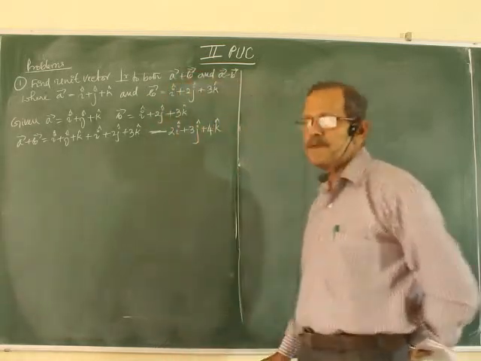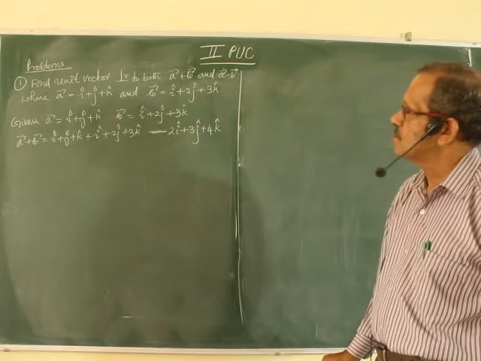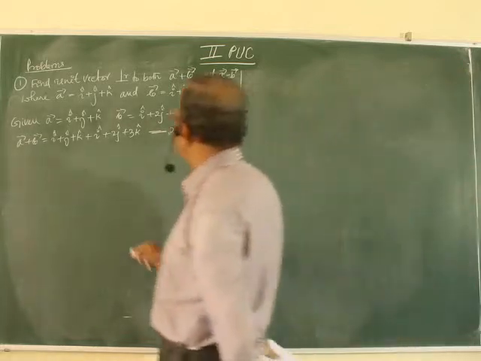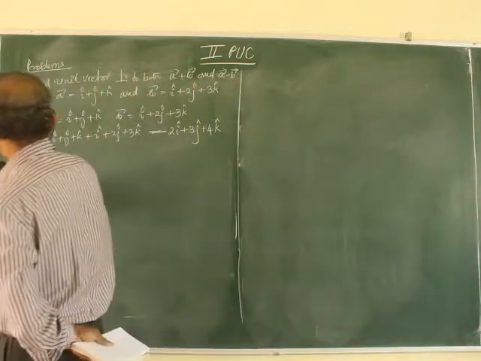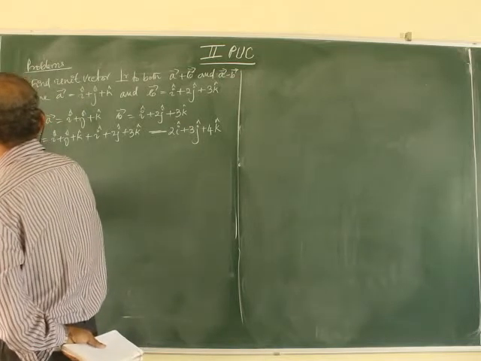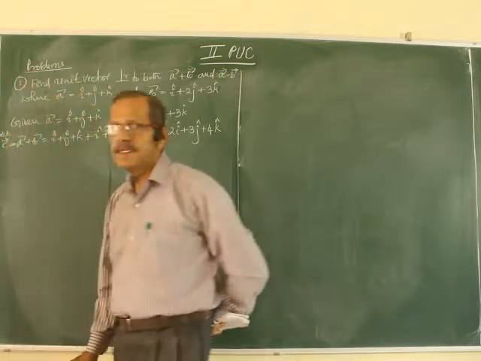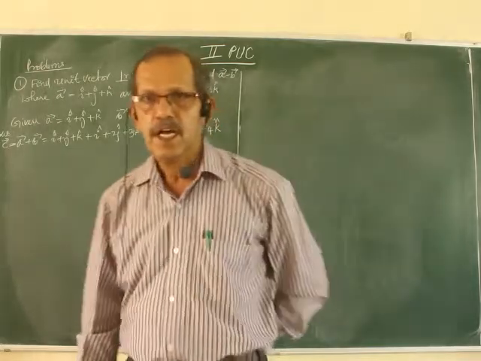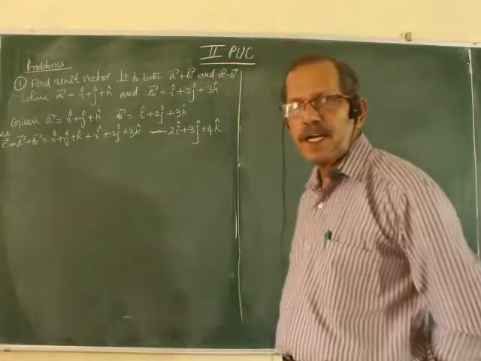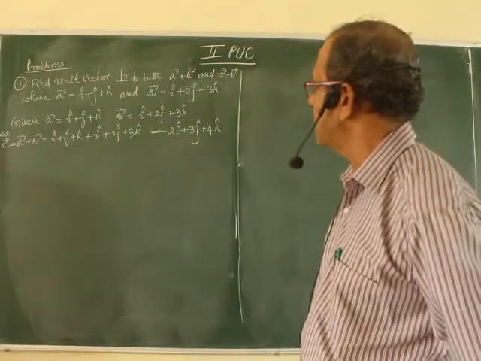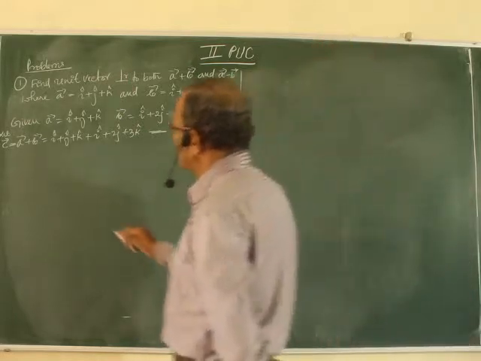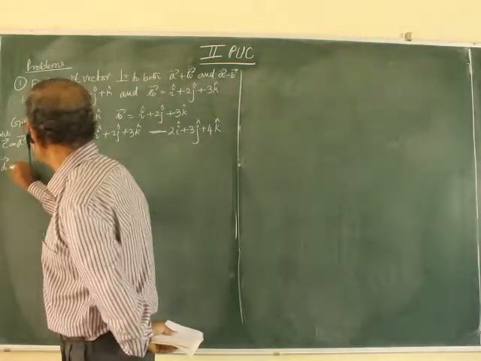A plus B is this vector. Let me call this one c, because instead of writing A plus B always, it is better to write c only. Next, d equal to one more vector, A minus B.